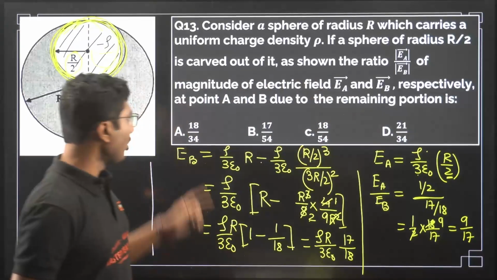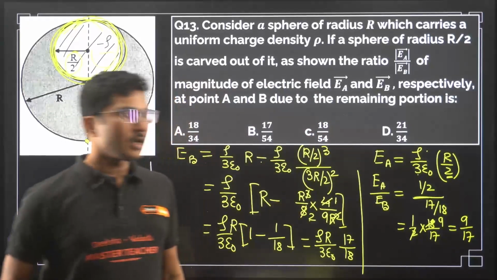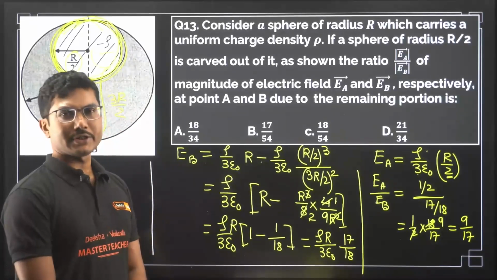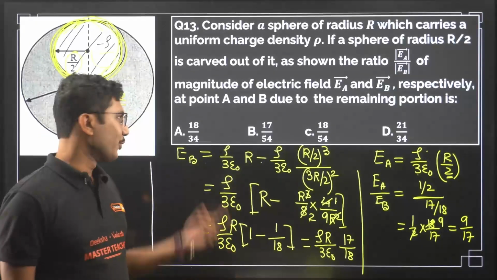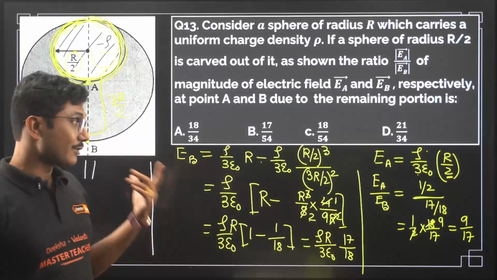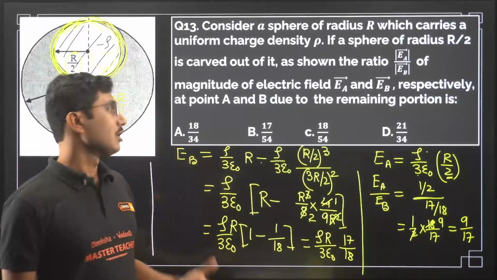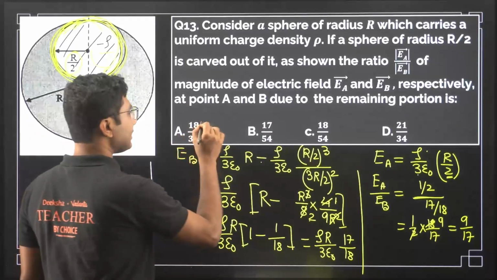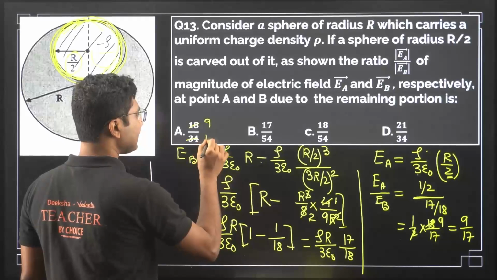Now if you see the options, none of the options are 9 by 17. So is it a bonus question? No. You have to check the options in case some calculations are still possible. For example, 18 by 34, if you cancel this, it will be 9 by 17.